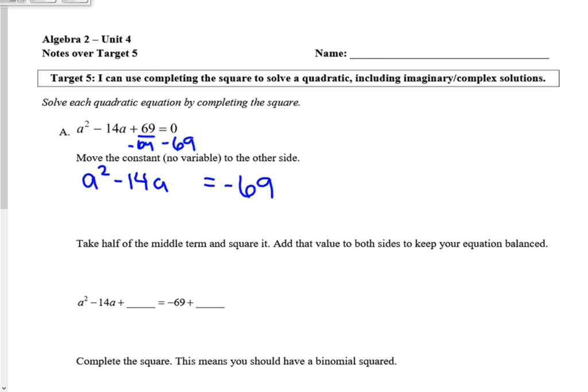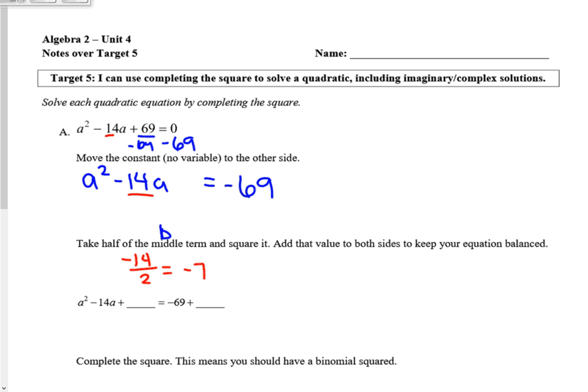The second step says to take half of the middle term. By the middle term, we're always talking about our b in our quadratic. So our b is always that number that has the variable that's not squared. So it wants us to take half of the middle term. So half of negative 14 is going to be negative 7.